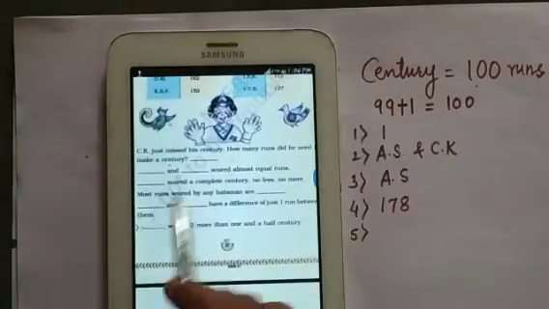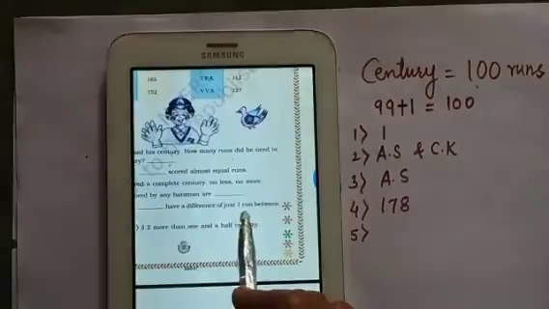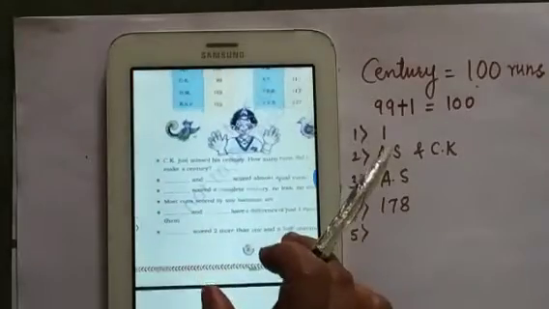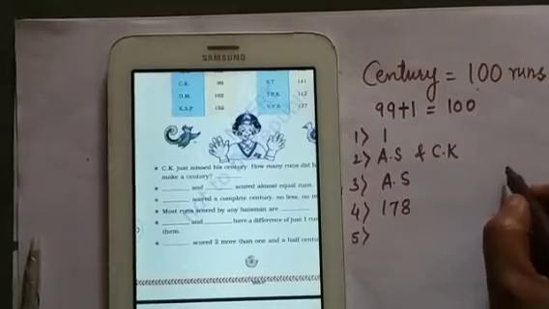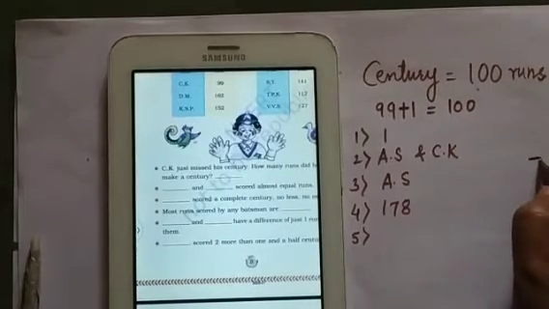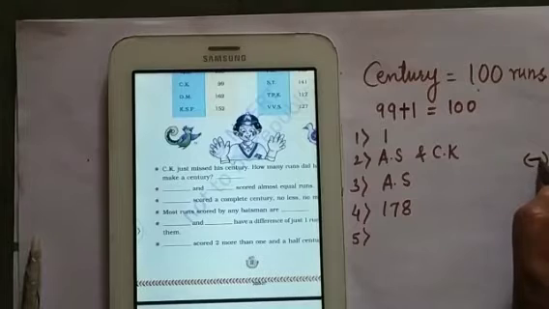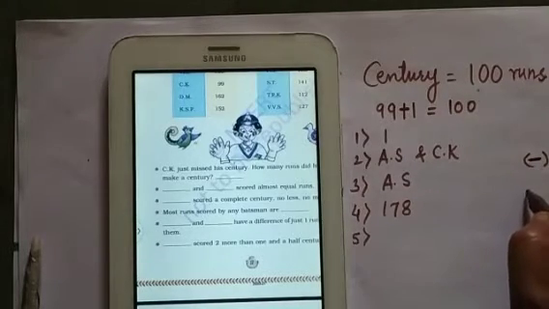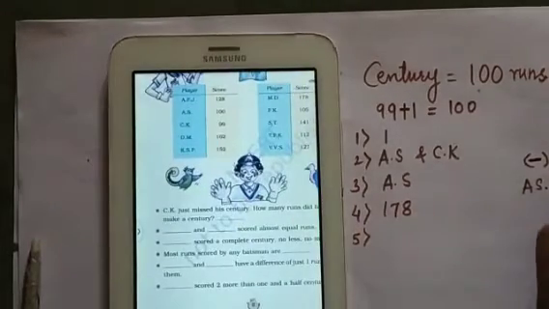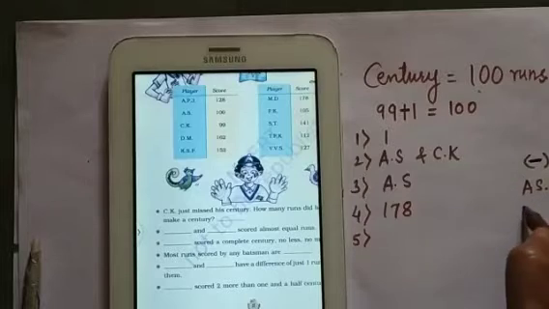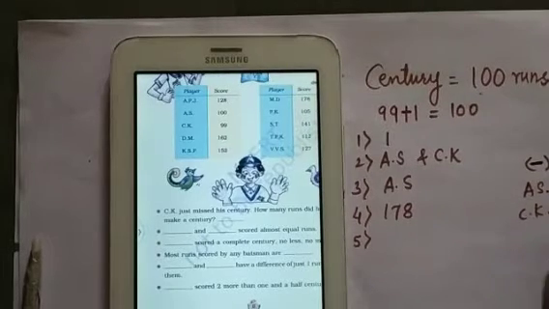After this, Dash and Dash have a difference of just 1 run between them. What is meant by difference? Difference means there is a subtraction sign over here. So see here, AS scored 100 and CK scored 99.